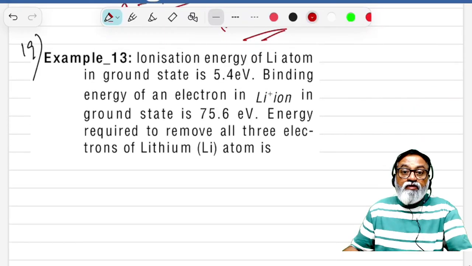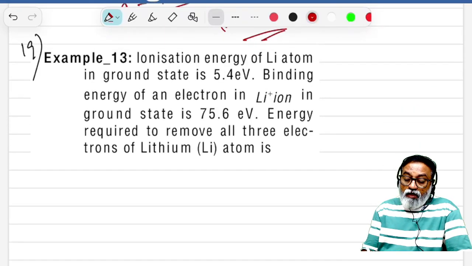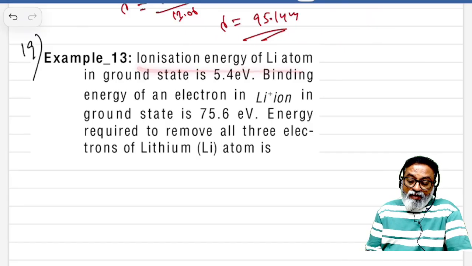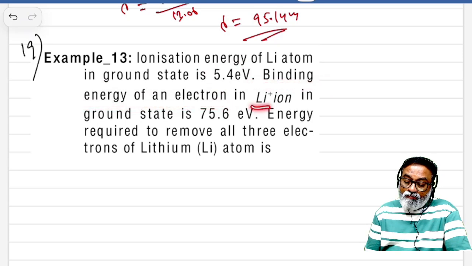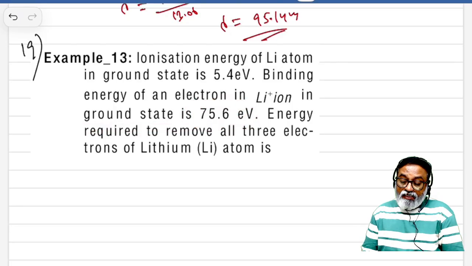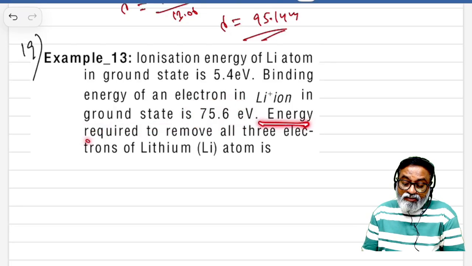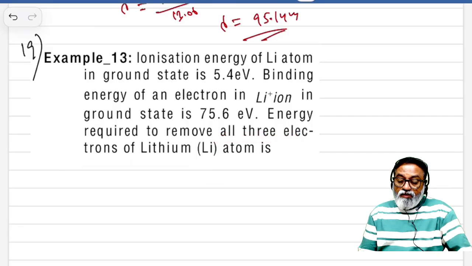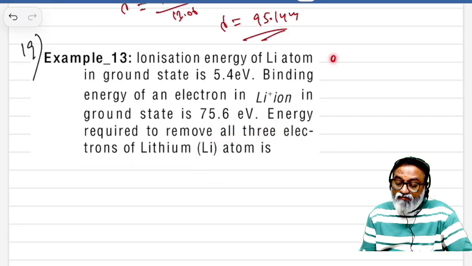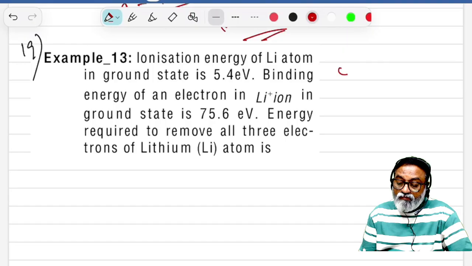Next, the ionization energy of lithium atom in ground state is 5.4. Binding energy of electron in lithium plus ion in ground state is 75.6 electron volts. Energy required to remove all the 3 electrons in lithium. See, for removing the first electron, E1 is given as 5.4.